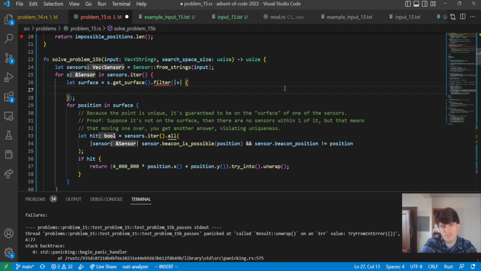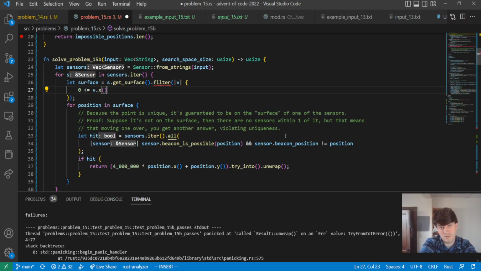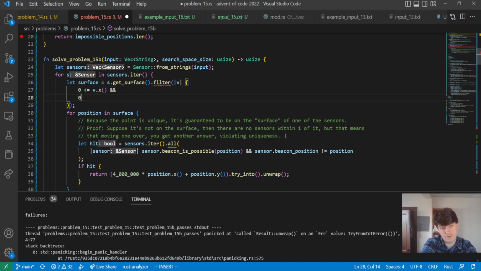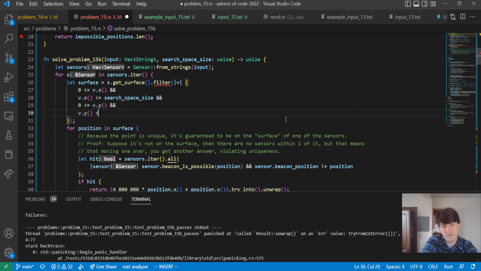And the filter will be that 0 is less than or equal to v.x, and v.x is less than or equal to search space size, and 0 is less than v.y, and v.y is less than or equal to search space size.